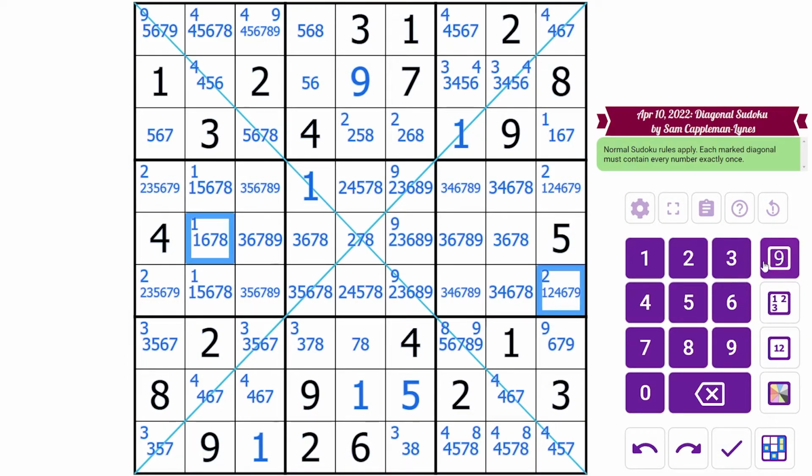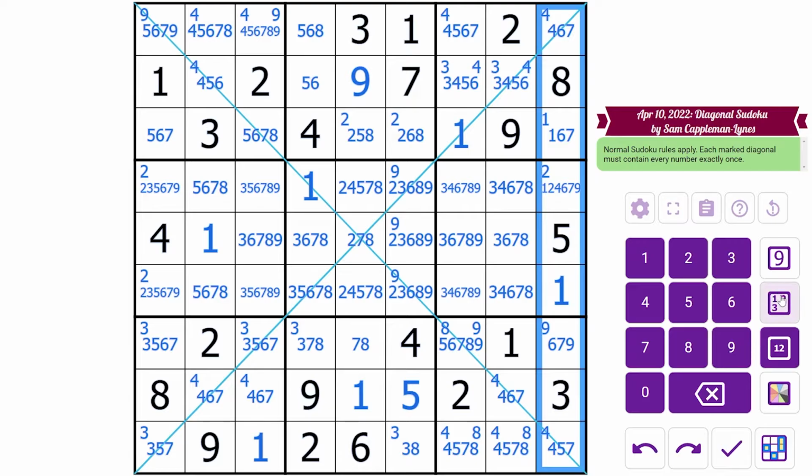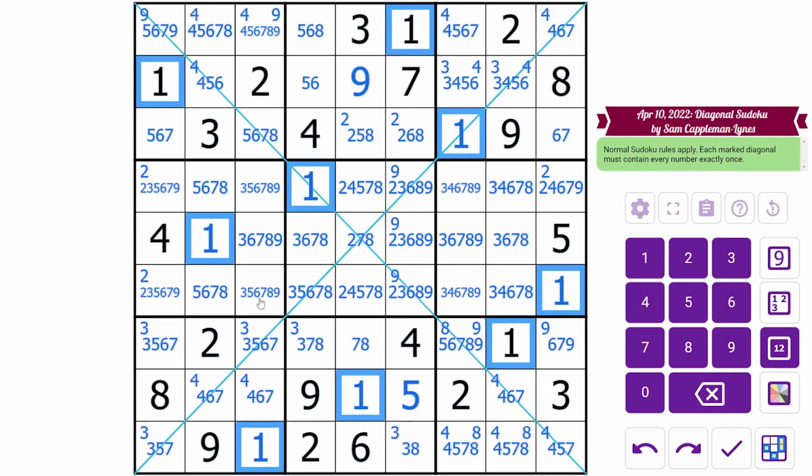So these 2 cells are 1. Okay. So go ahead and get rid of 1s there. Get rid of 1s like that. In this column, 1s. All right. So is that all the 1s there? Oh. Yep. Yep. And yep. Okay. 1s are done.